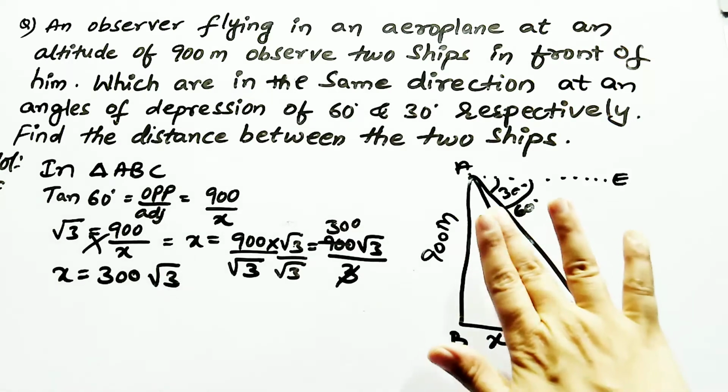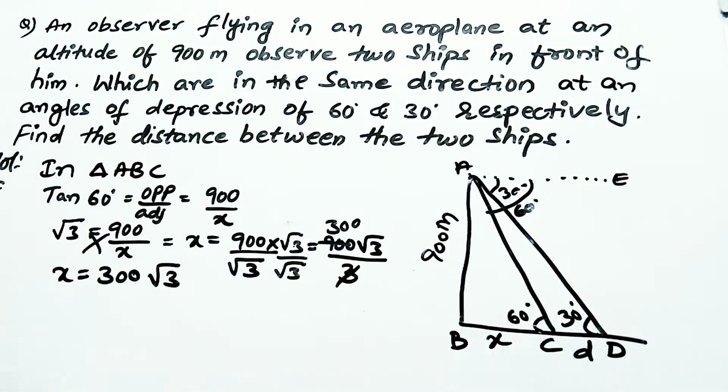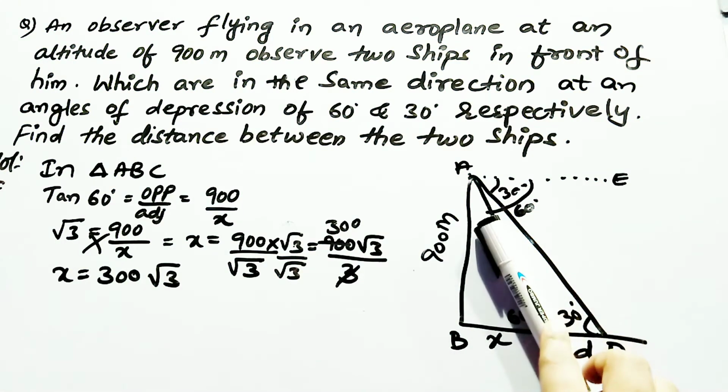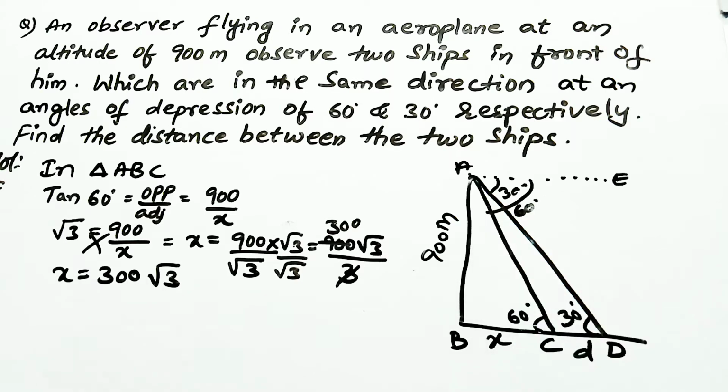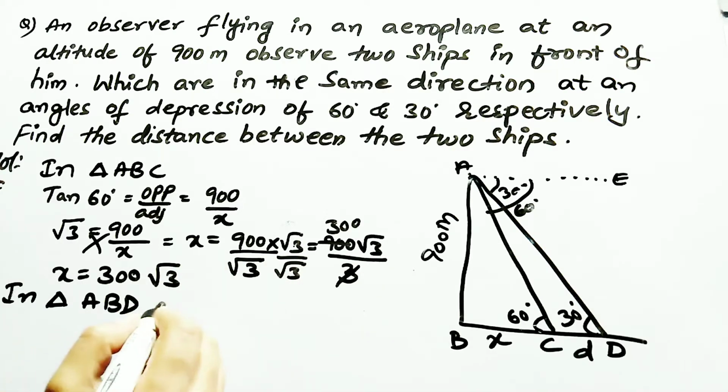Now you take this one. Just forget this one. What is your triangle? A, B and D. In triangle A, B and D, what is your tan value?